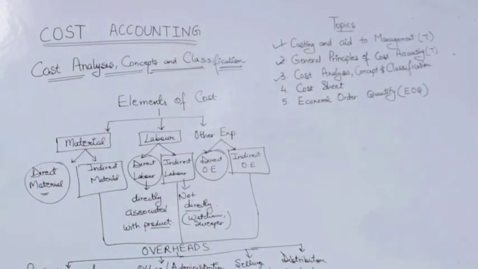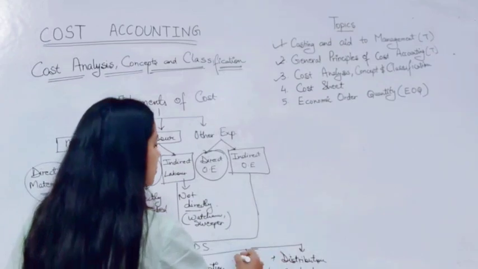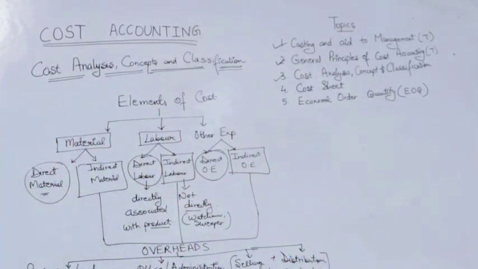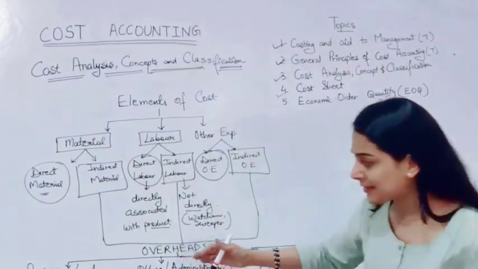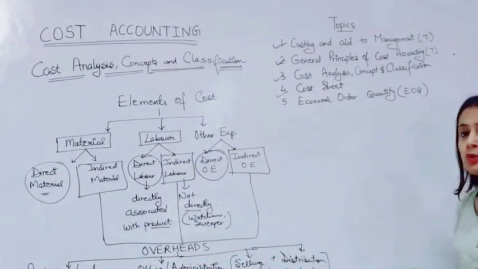First is production or works overheads. Next is office or administration, and the selling and distribution can be used collectively. Out of these whole elements of cost, we are going to make the further cost sheet. What are overheads now, and how are they classified into these four topics?